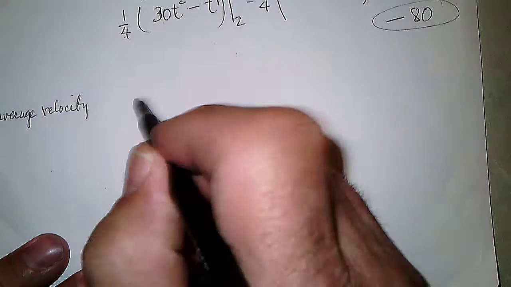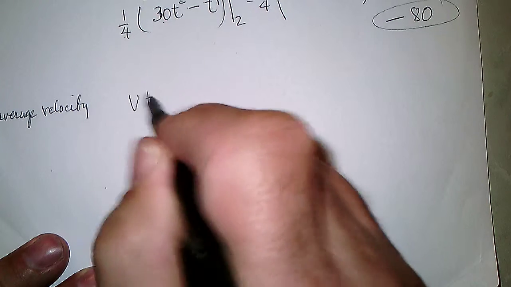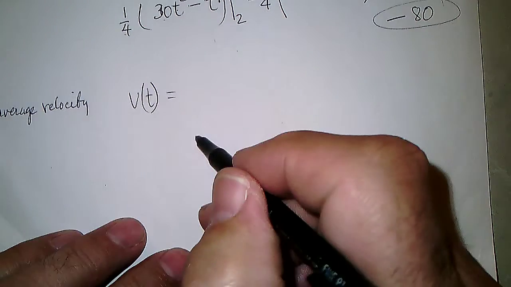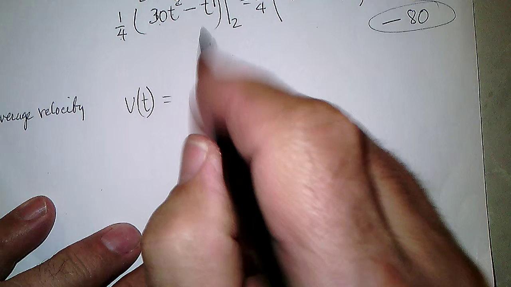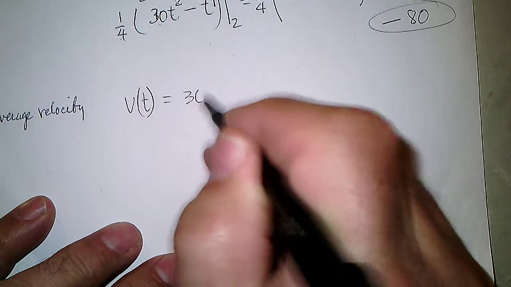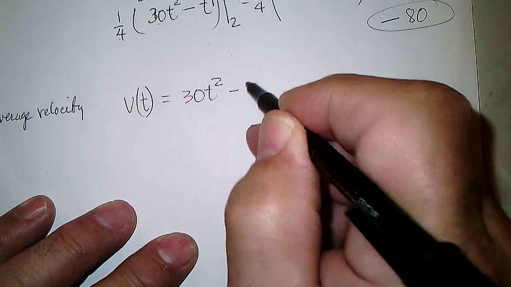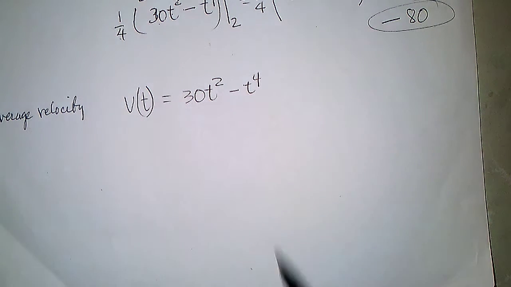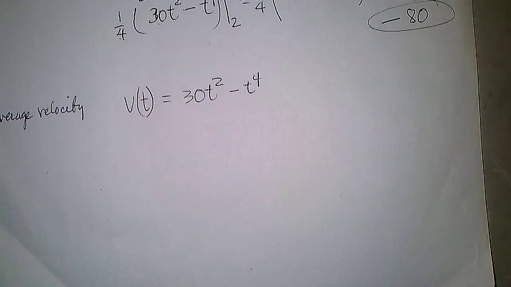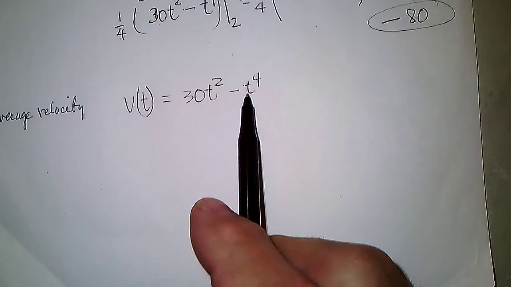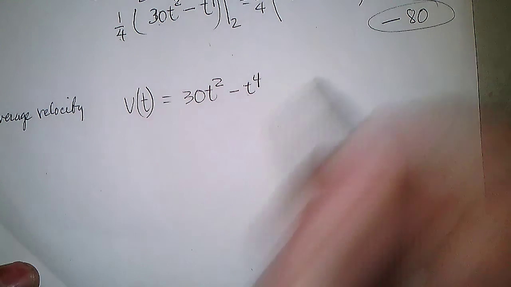Now, what's the average velocity? Well, if we integrate the acceleration, we get the velocity equation to be 30t squared minus t to the fourth. Now that's the velocity equation plus a constant.